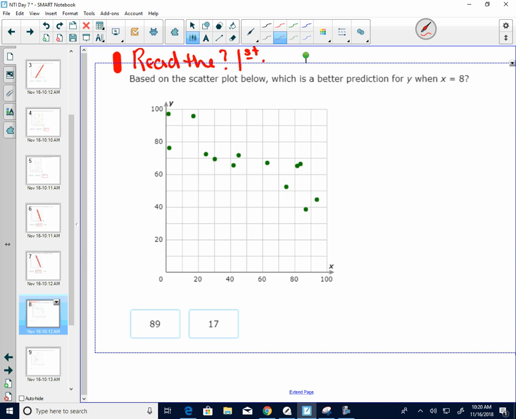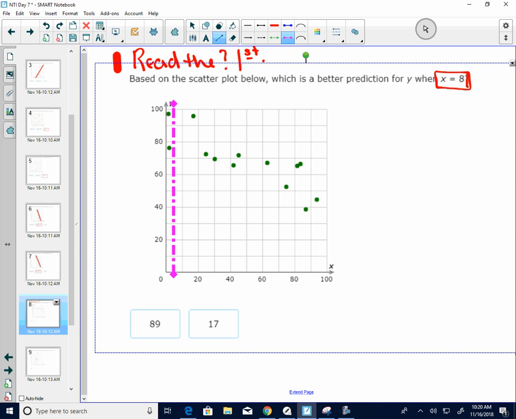The question is asking, based on the scatter plot below, which is a better prediction for y when x is 8? So we're given x is 8. This looks like it's counting by 10, so I go 10, 20, 30, 40. I would estimate x is 8 about here.